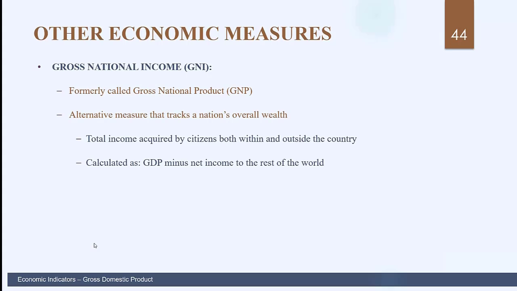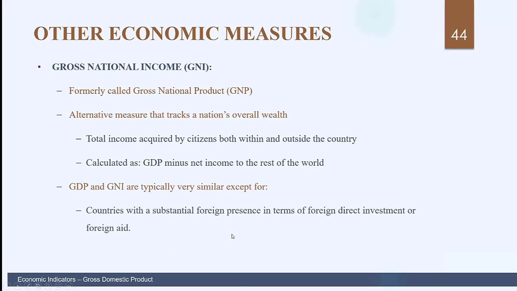Recall that gross domestic product measures production within the borders of a country, regardless of whether that production was done by a national or a foreigner. Thus, gross national income measures total income acquired by citizens both within and outside the country. And it's simply calculated as gross domestic product, GDP, minus net income to the rest of the world.